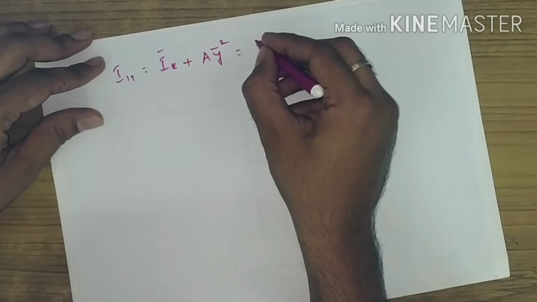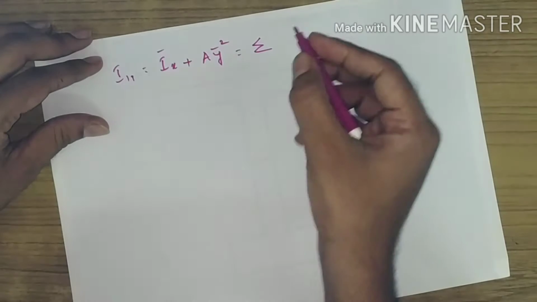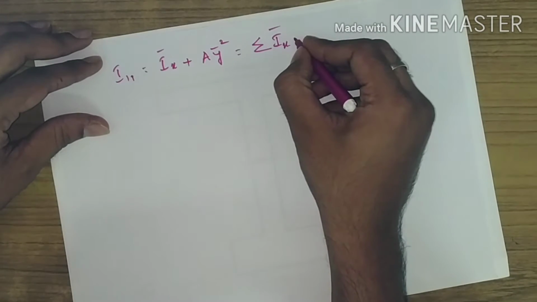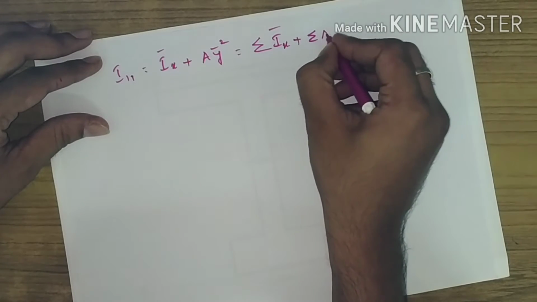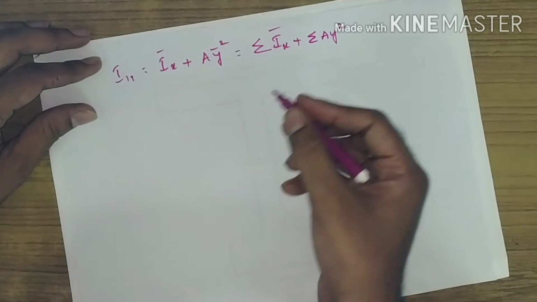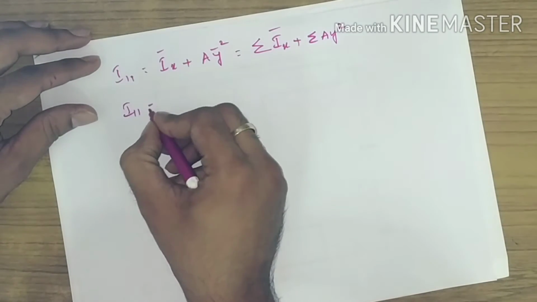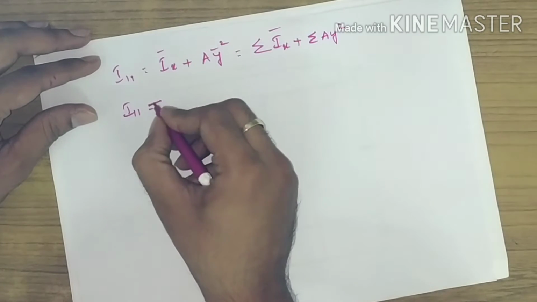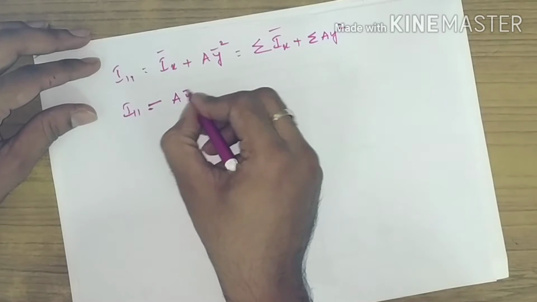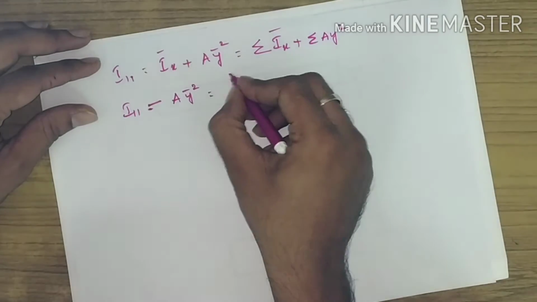This is from the parallel axis theorem which we have derived. This will be summation of I x bar plus summation of A y square. So from this expression we can say that I11 minus A y bar square is equal to I x bar.